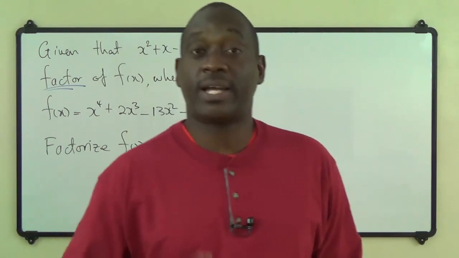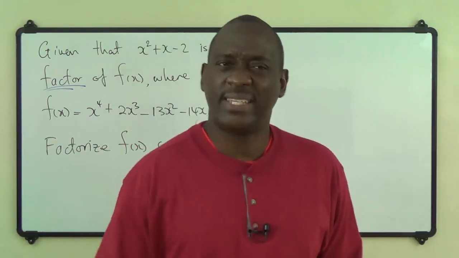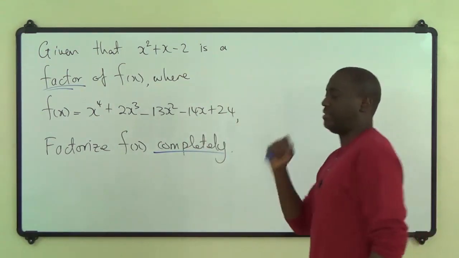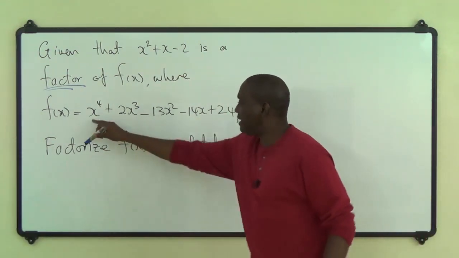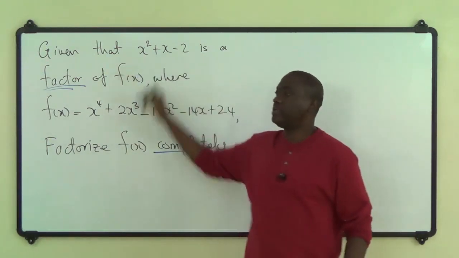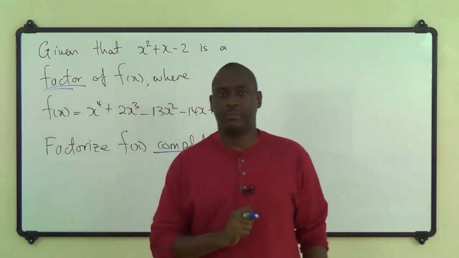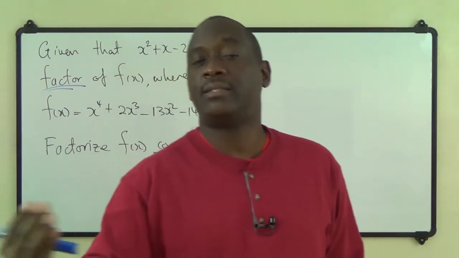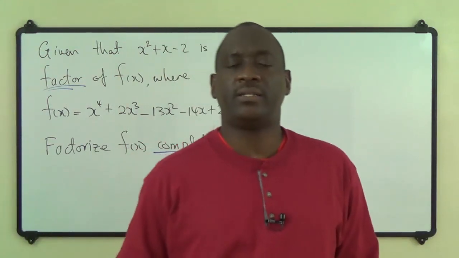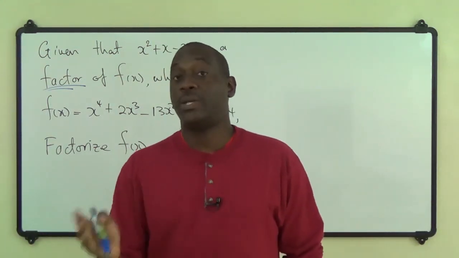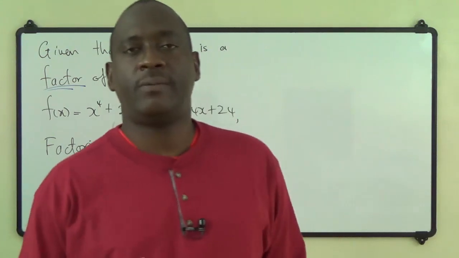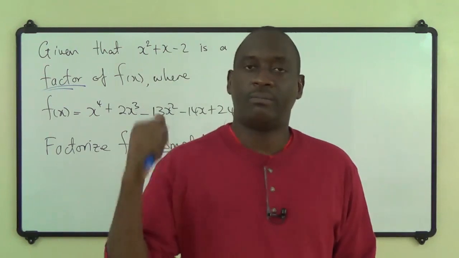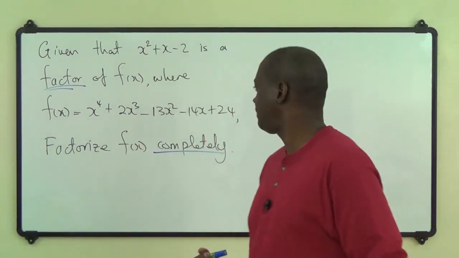You get familiar with the vocabulary, so that when they tell you that something is a factor of another thing, it means that if you divide this by this, you would not have a remainder. You see the vocabulary coming in again, and it is hinting that at some point we will be dealing with division where we do in fact have a remainder. That is where we get into the remainder theorem and the factor theorem, but that will come after this piece of work we're doing here.